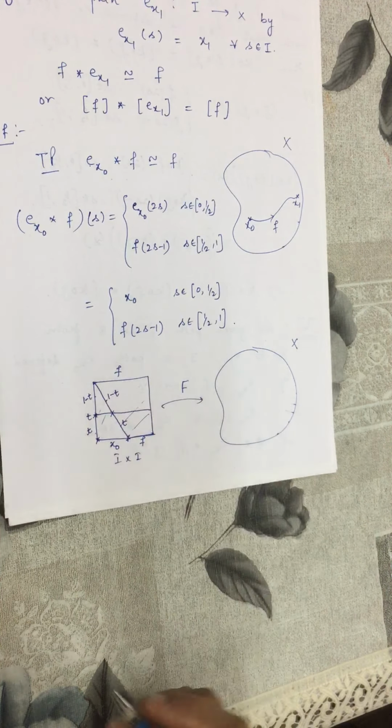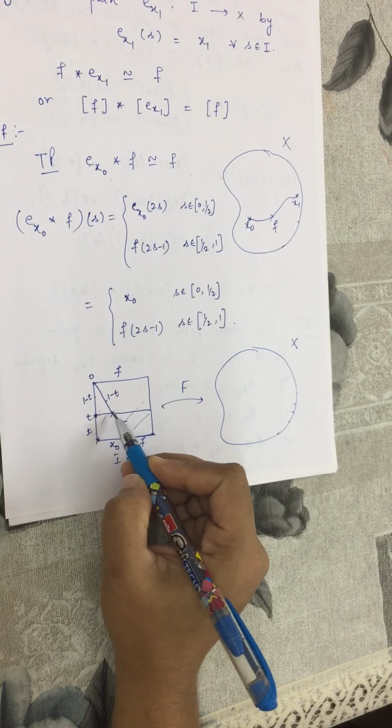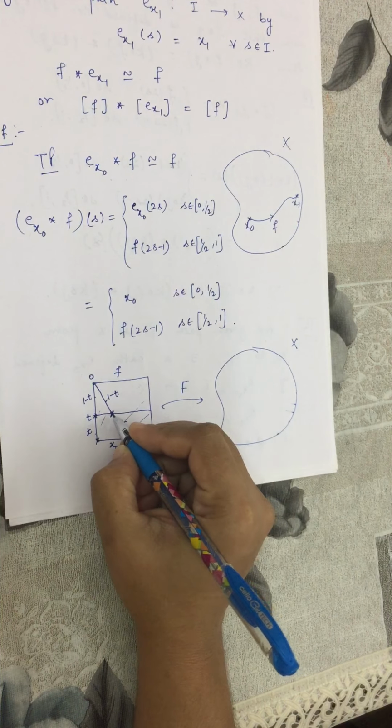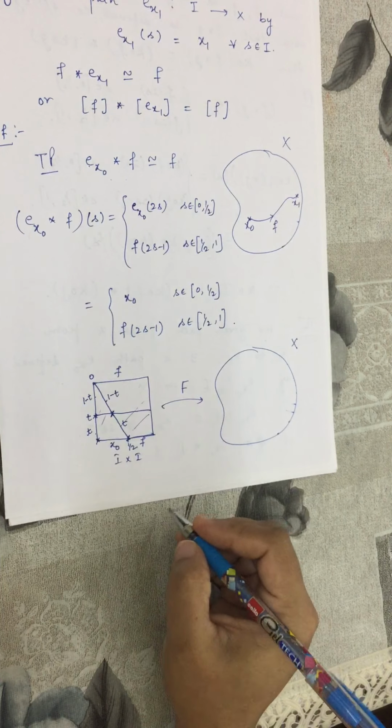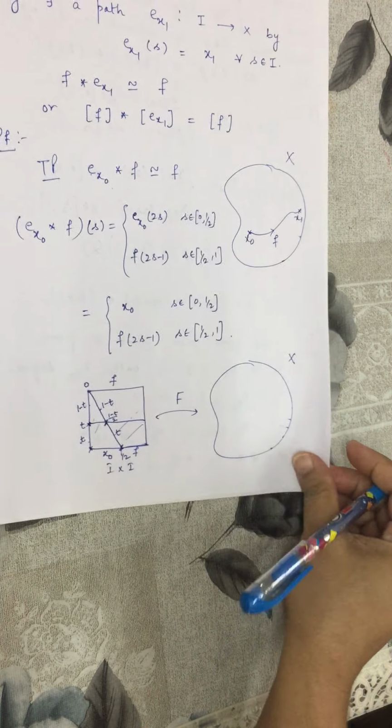And now we know that here s is equal to 1 by 2 and here s is equal to 0. So we can find the value of s at this point, and that will be (1 minus t) divided by 2. So at this point s is equal to (1 minus t)/2.